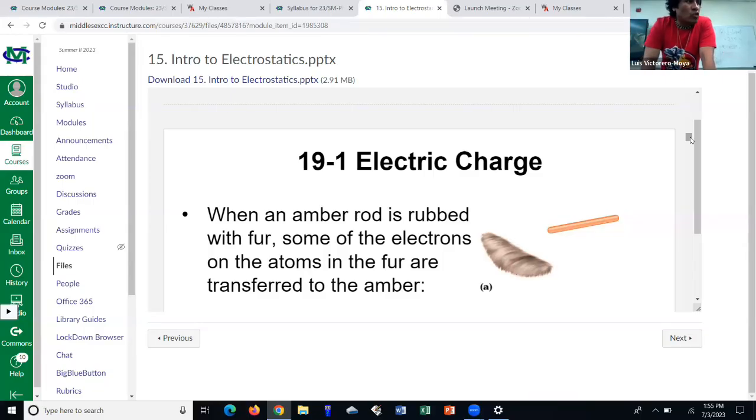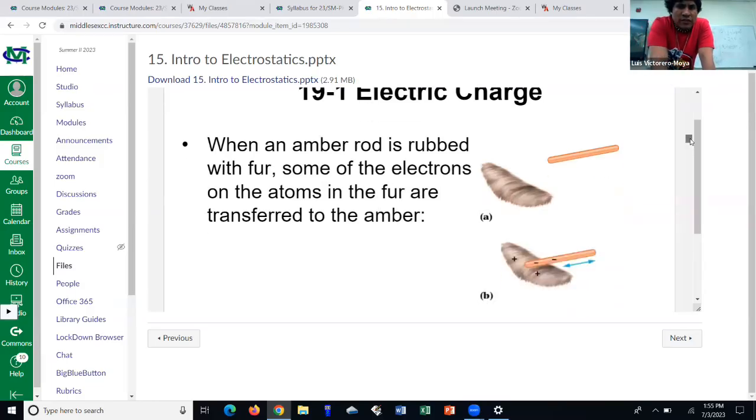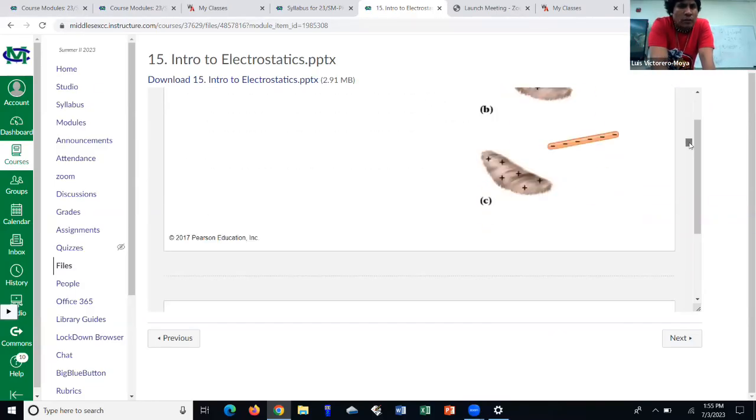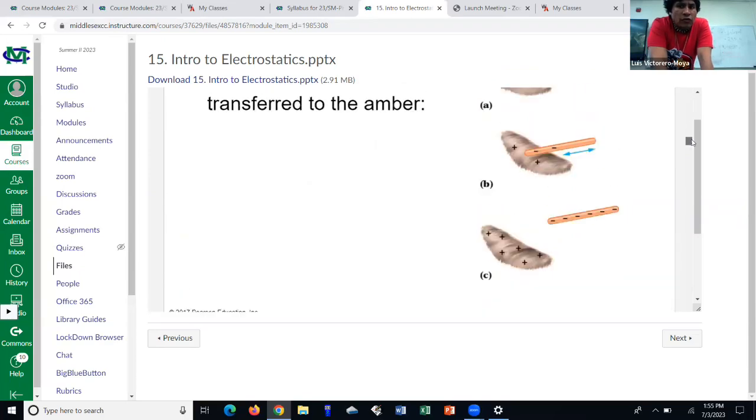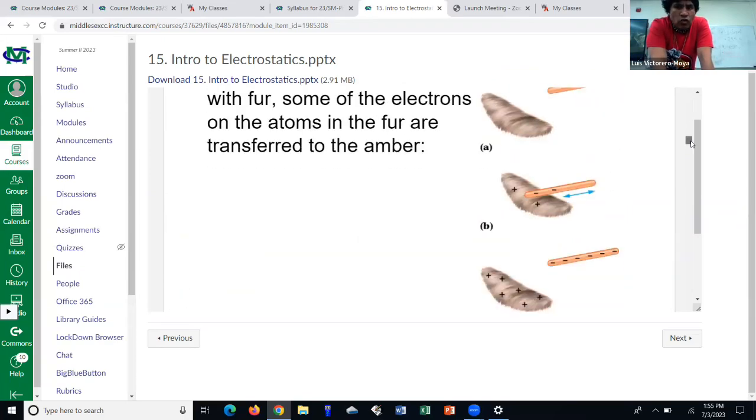We still are not talking about electrons moving, like for example in a cathode ray tube. Not yet. We're going to get into that later. So those are important observations that we did to understand the whole concept of charge. And there you are, right? If you transfer electrons towards the amber rod and you remove them from the fur, that's what happens.